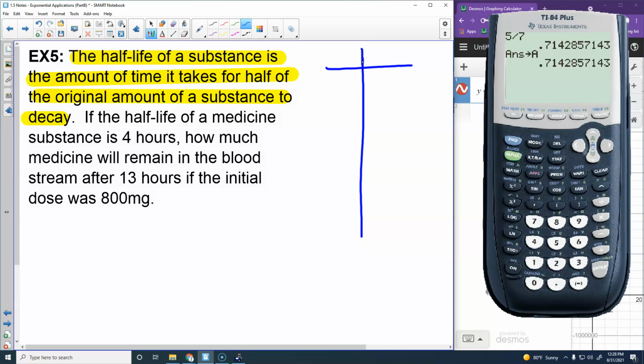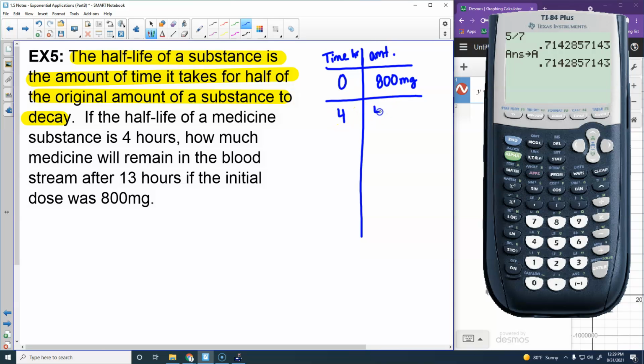Because this is the way that your body breaks it down. So time in hours and amount. If you take 800 milligrams at 0 hours, you have 800 milligrams in your system, right? So what's going to happen every 4 hours, half of that is going to be gone.